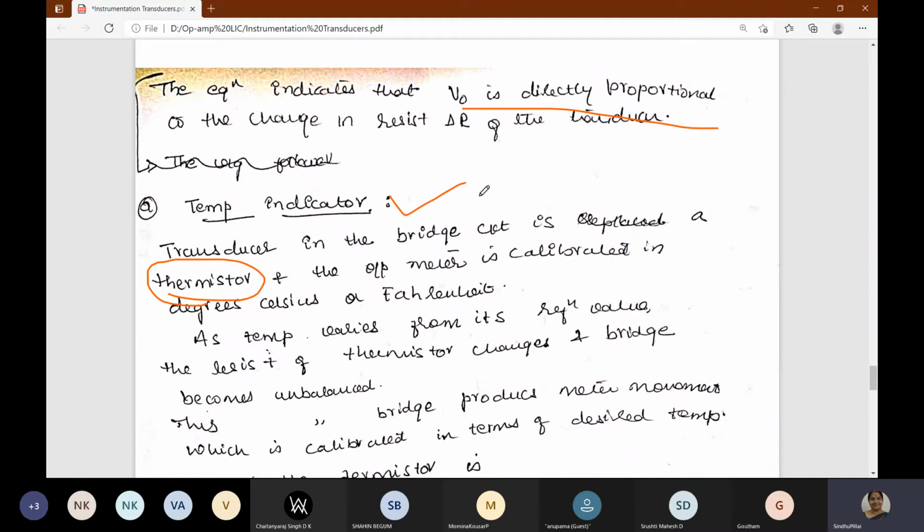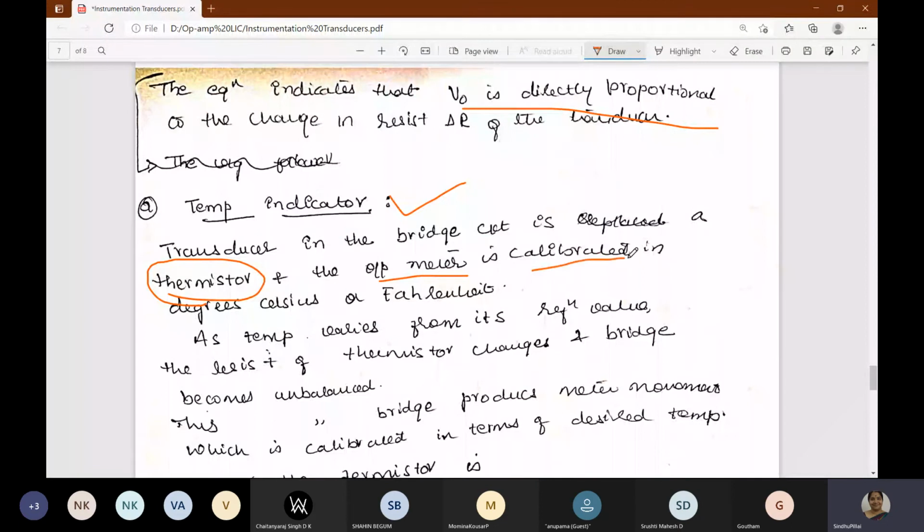Whenever there is a change in temperature, the resistance of the transducer will change. Whenever there is a change in resistance, the bridge gets unbalanced, and the output we see has been calibrated. We always have to calibrate it, whether in terms of resistance or temperature. Here, since we want to measure temperature, the output meter is calibrated in degrees Celsius and Fahrenheit.